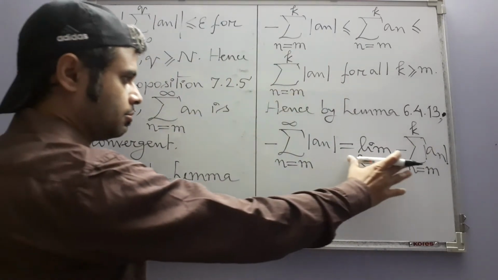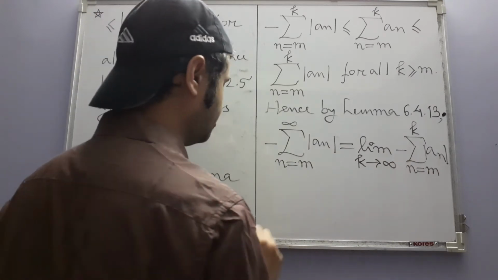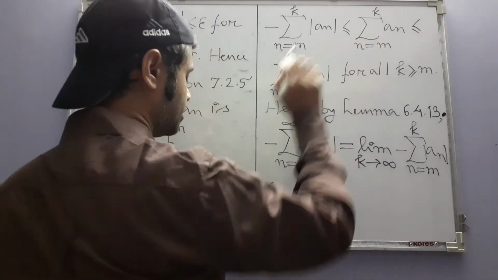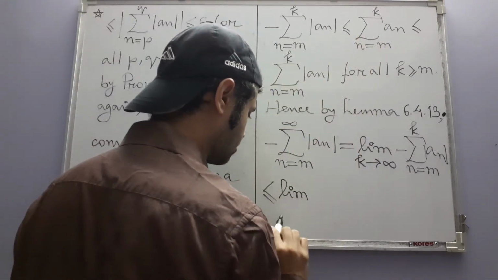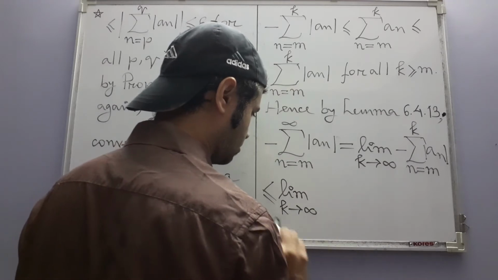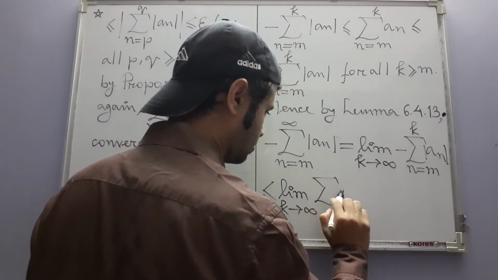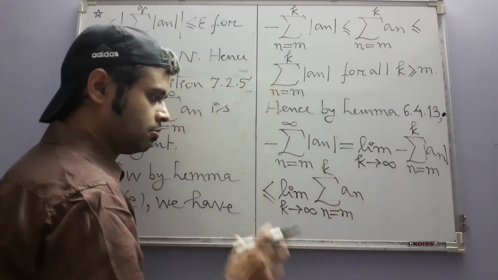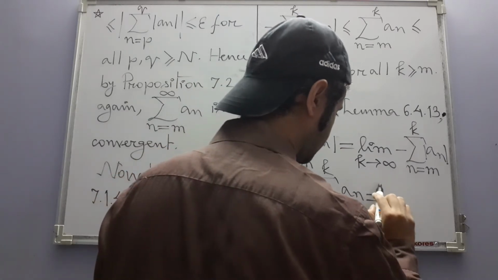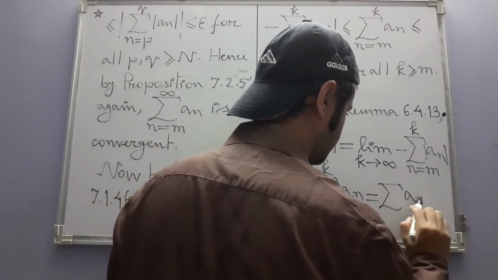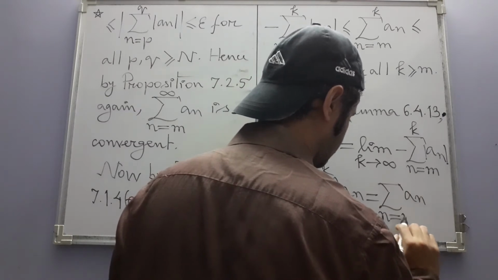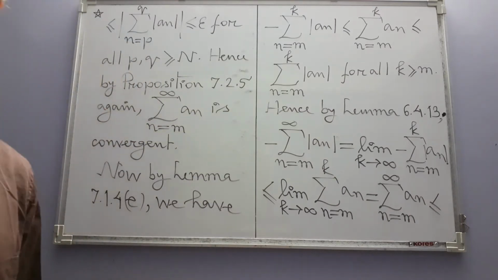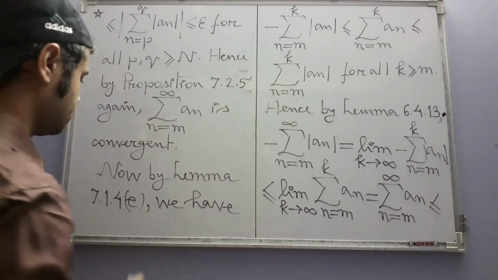Okay, so this just means this limit by definition, and this thing is less than or equal to, by the comparison principle, the limit of this. Which is equal to the sum of our original series, and that thing again is less than or equal to, by the comparison principle, the limit of this.